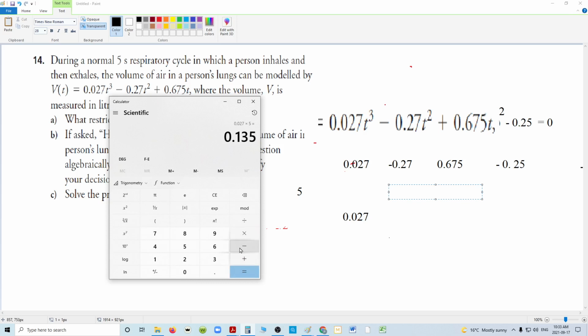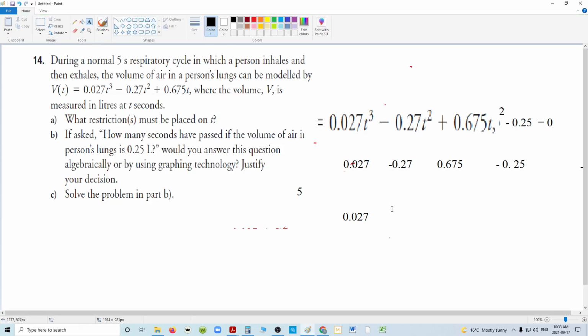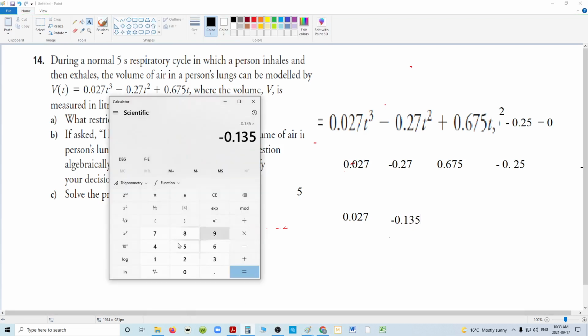We're going to have to subtract 0.27 from that to get the next answer. We're going to have to multiply that by 5. And we're going to have to add that to 0.675. We can see that's going to be 0.